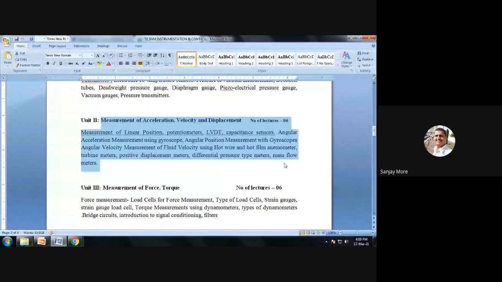Okay, these are the different instruments used for measurement of acceleration, velocity and displacement.